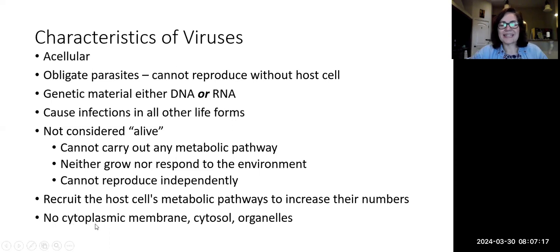And there's no cytoplasmic membrane, that cell membrane that all cellular life has. They don't have that. Some viruses steal part of the cellular membrane as they're leaving. They take it as a cloak around themselves. But they don't have organelles. They don't take the organelles with them either. They just use them while they're in our cells.